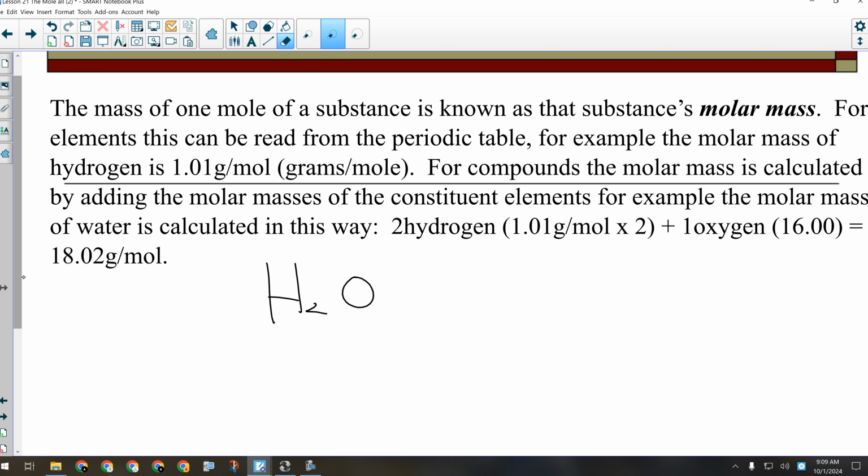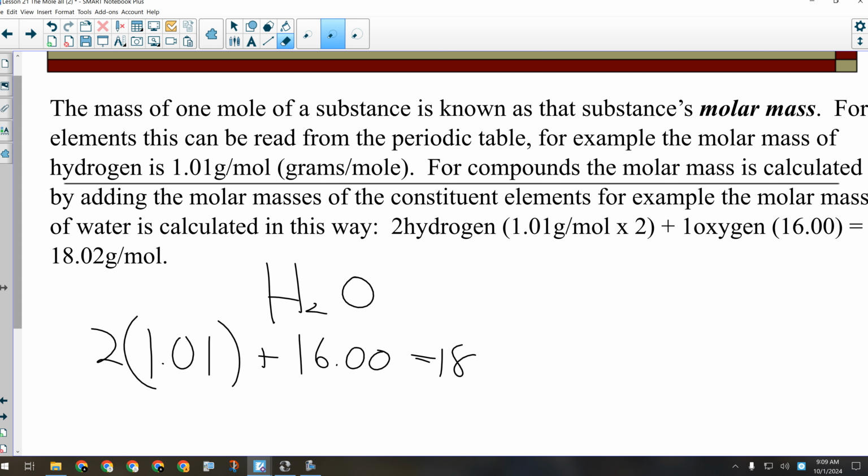So if I want to find the mass of 1 mole of water, I take hydrogen, 1.01 grams per mole, multiply it by 2, because there's 2 in there, and add it to the molar mass of oxygen, 16.00. So 2 times 1.01 is 2.02. 2.02 plus 16 should be 18.02 grams per mole.